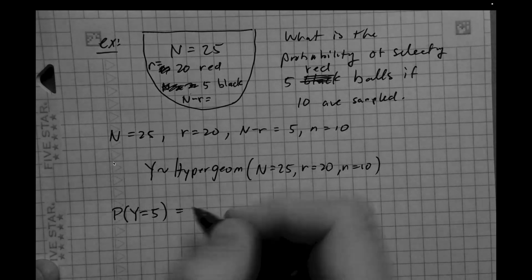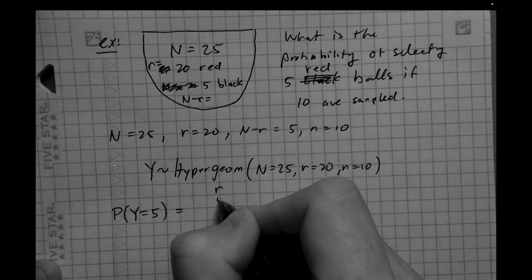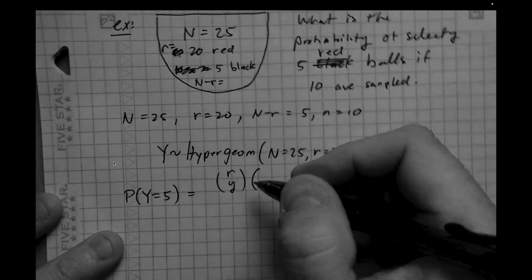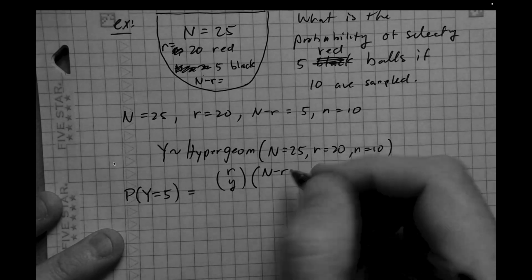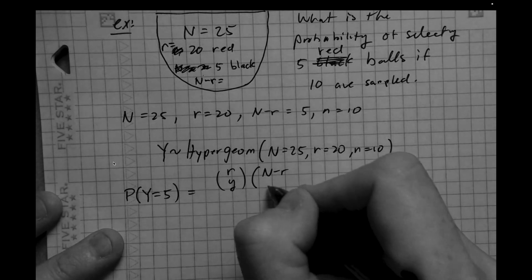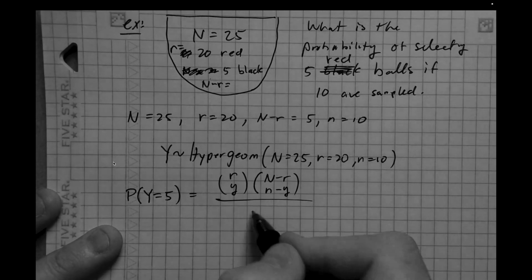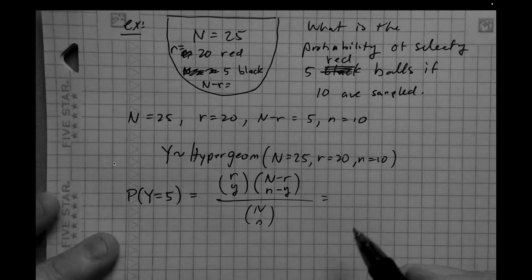We know the distribution says it's R choose Y times N minus R choose little n minus Y, all divided by big N choose little n.